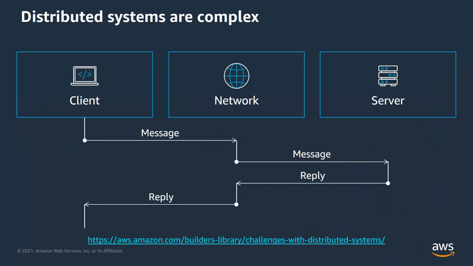So for instance, in a simple client-server communication, there are a lot of steps involved to successfully complete just a single round trip. The client puts a message onto the network that is delivered to a server. It validates the message. The server updates its state, and so on and so on.